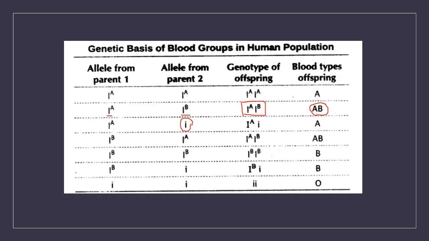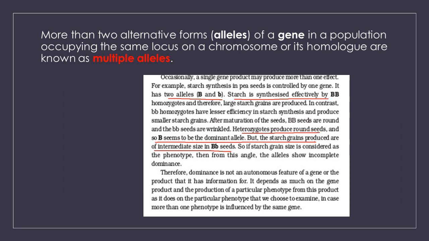Multiple allelism means more than two alternative forms of a gene in a population occupying the same locus, the position on a chromosome or its homologue. And multiple allelism can show codominance also.